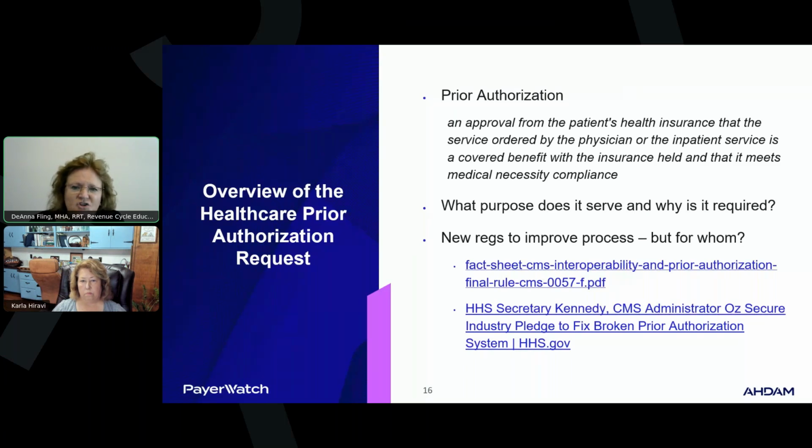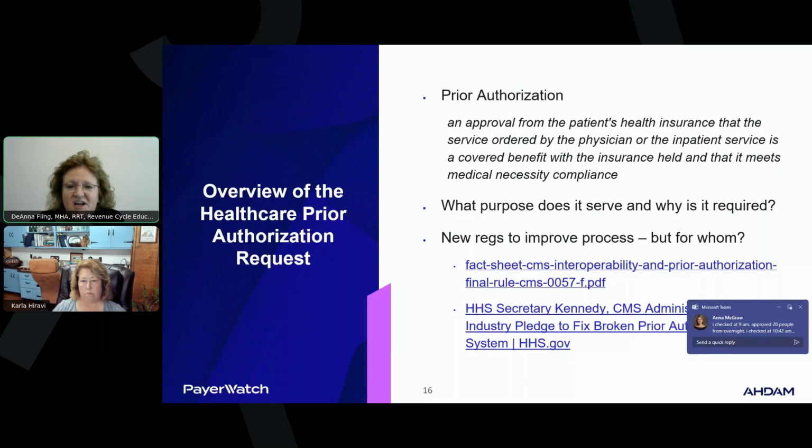They also pledged to standardize the electronic prior authorization submissions by using what is called Fast Healthcare Interoperability Resources, or what you might hear often, FHIR. Reduce the volume of medical services subject to prior authorization, and all of this is supposed to be taking place by January 1st of 2026.